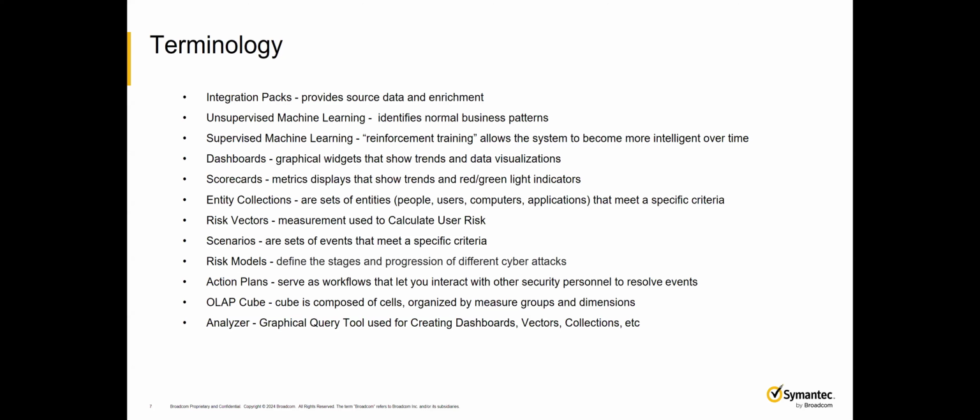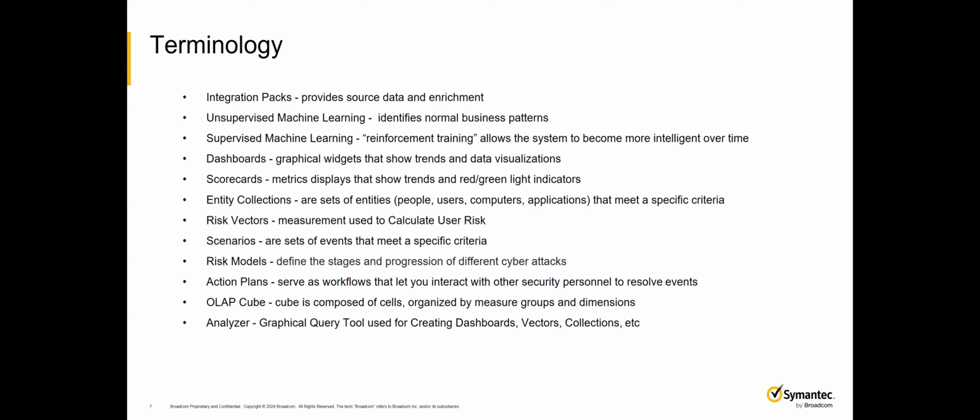Supervised machine learning allows ICA to become more intelligent over time as you teach it. I will not only talk about this on slides, but we'll see this in the demo as well. So one of the main benefits here with this supervised machine learning is where we get some automation benefits.